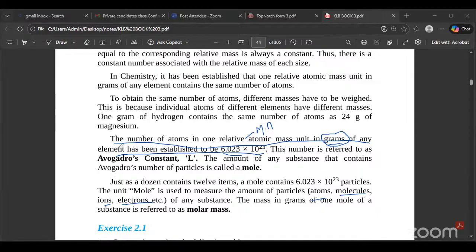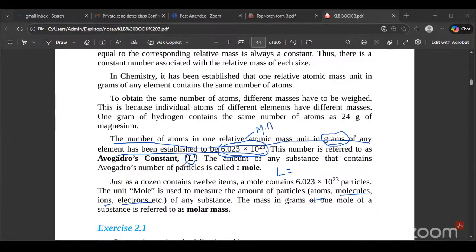Now, that number, 6.023 multiplied by 10 raised to 23 particles, is not hard to grasp. You don't even have to cram it. It is normally referred to as the Avogadro's constant, which is denoted by this letter L. So mara mingi kwa equation hawatakuandikia Avogadro's constant, utapata imeandikwa L is equal to. When you talk about L, you must remember that it is the Avogadro's constant.